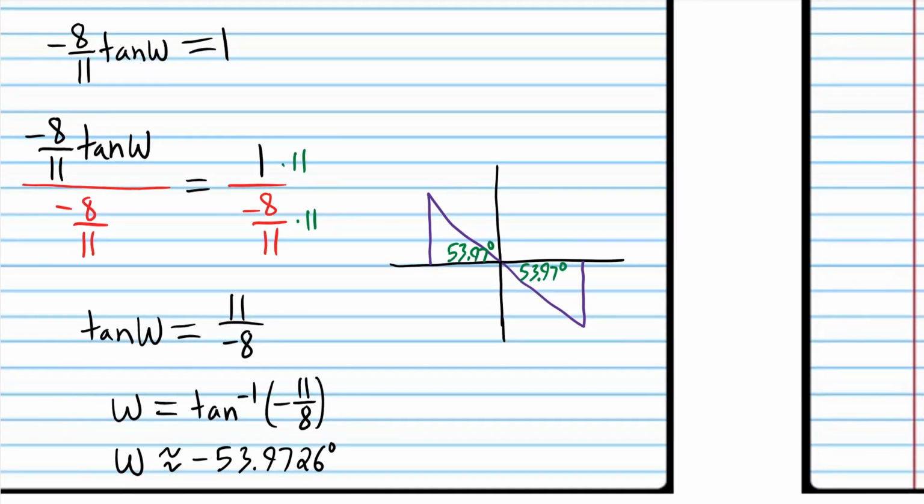And let's find the actual angles. Here's one angle there. So if we subtract that angle from 180, we get the red angle. And if we subtract 53.97 from 360, then we get the next angle. So I'm going to make that blue.